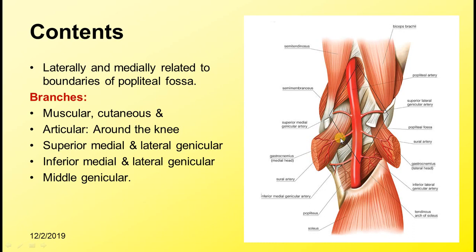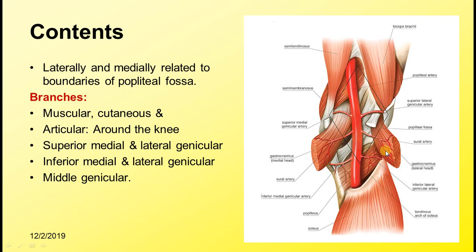Okay, superomedial, inferomedial. Inferolateral anastomoses with the branches from the anterior and posterior tibial, that is the recurrent branches: recurrent branches of anterior tibial artery and also a circumflex fibular branch of posterior tibial artery. Okay, so these anastomoses around the knee joint, again I will be repeating this in the blood supply of the knee joint.